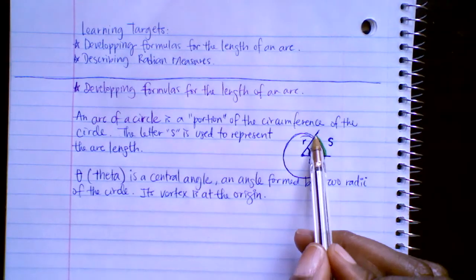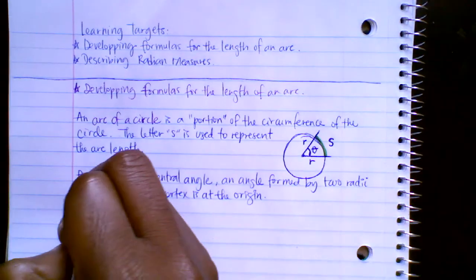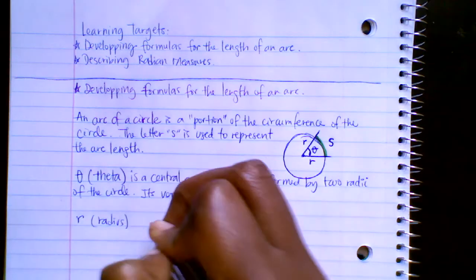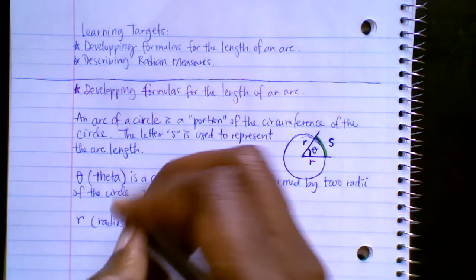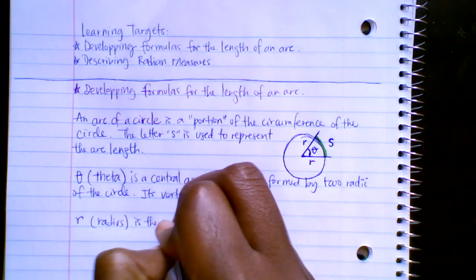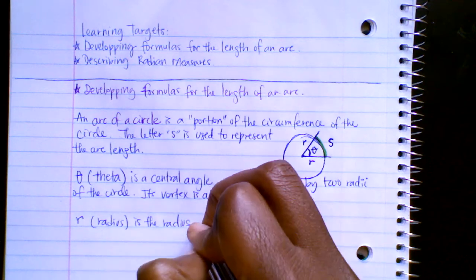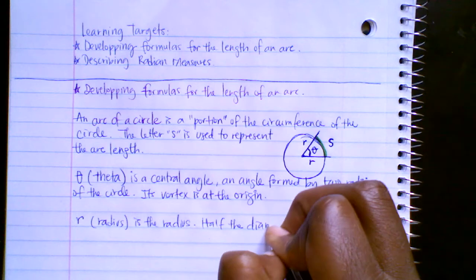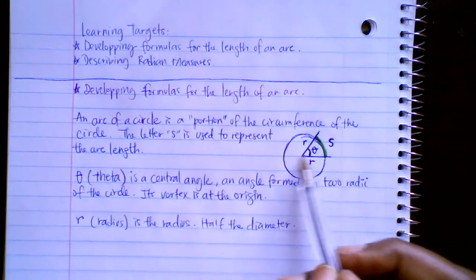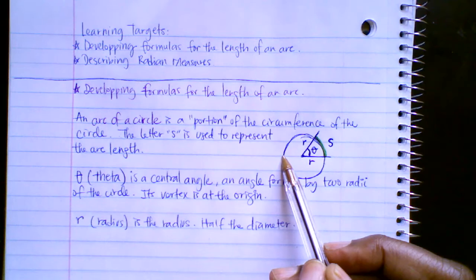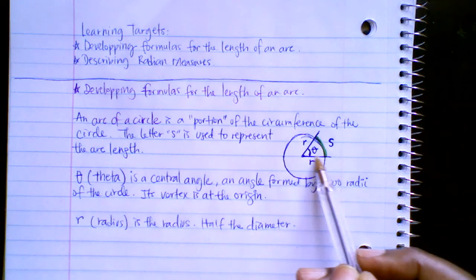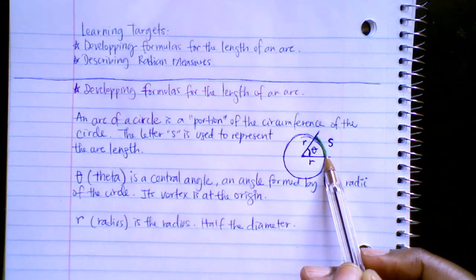And now, what does R represent? Again, R stands for radius. So R is the radius, and the radius is half the diameter. And remember, the diameter goes from one end of the circle to the other end of the circle, passing through the center.